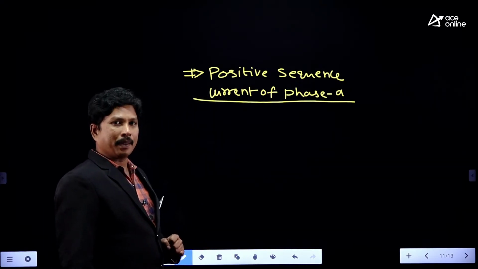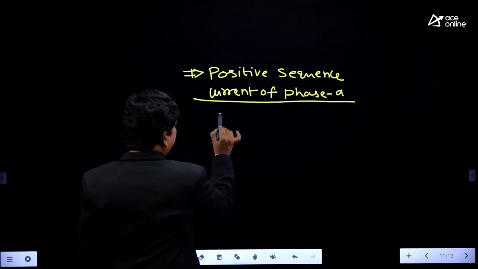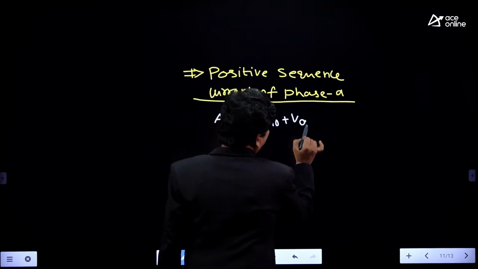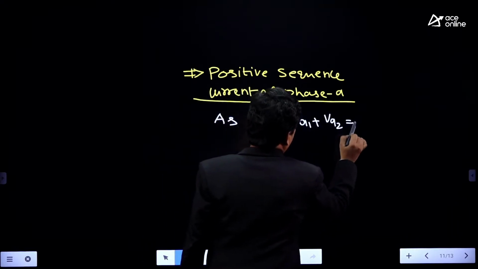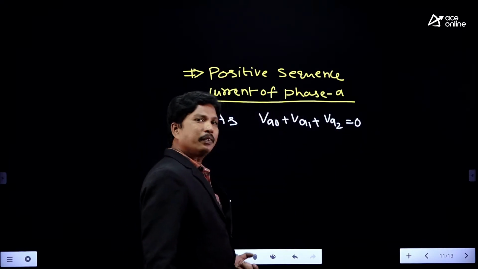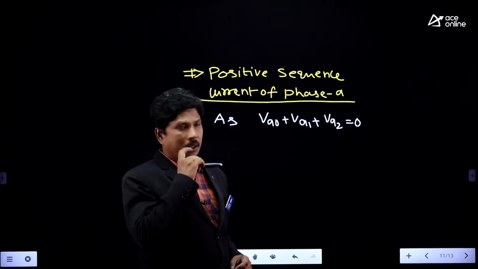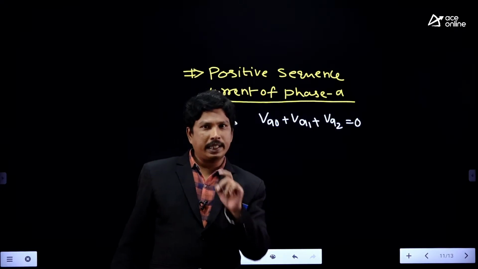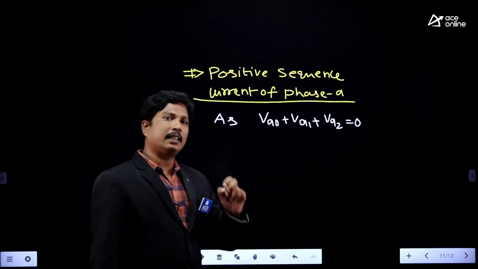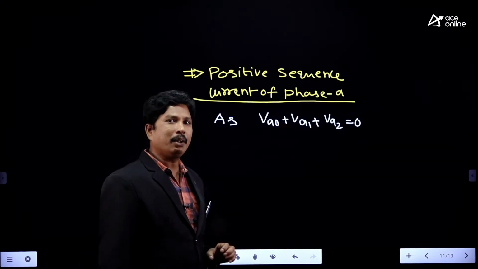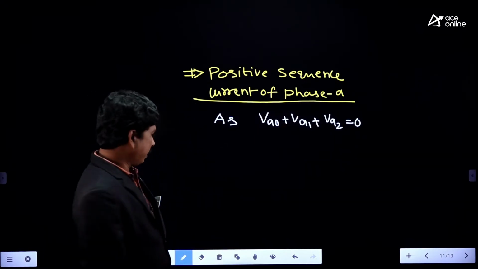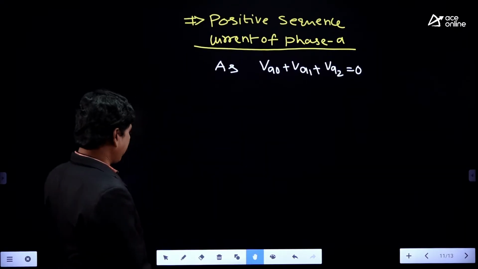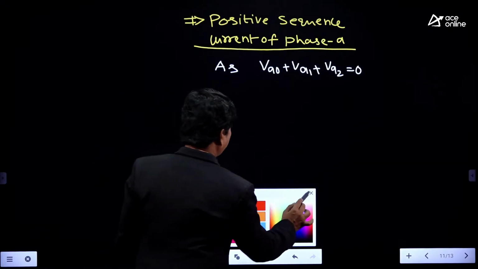To calculate IA1, as we have VA0 plus VA1 plus VA2 equivalent to 0, from this we can work out what VA0, VA1 and VA2 are, and from that we can calculate IA1. VA0 is the terminal voltage of the zero sequence network, VA1 is the terminal voltage of the positive sequence network, and VA2 is the terminal voltage of the negative sequence network. Now if you see the positive, negative and zero sequence networks, if you draw them, first of all we will draw the positive sequence network.